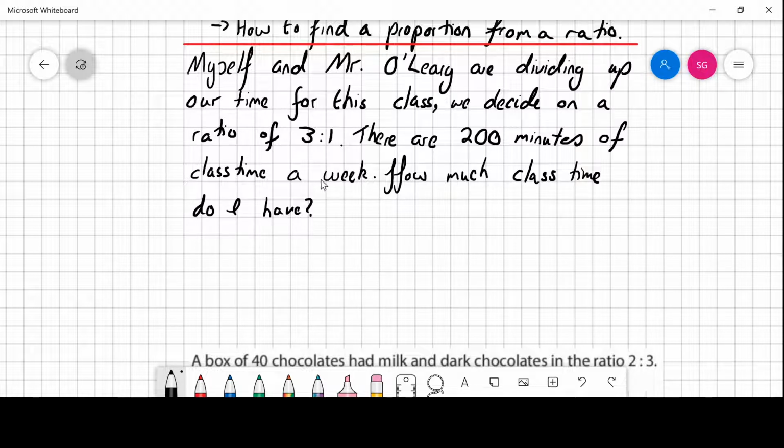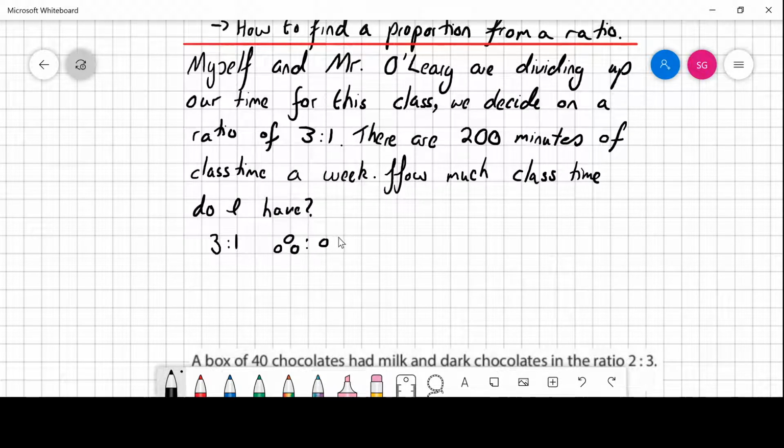Let's look at this ratio here, okay? So we've got a ratio of 3 to 1. So for each 1 minute that Mr. O'Leary spends with you, I'll spend 3 minutes with you.